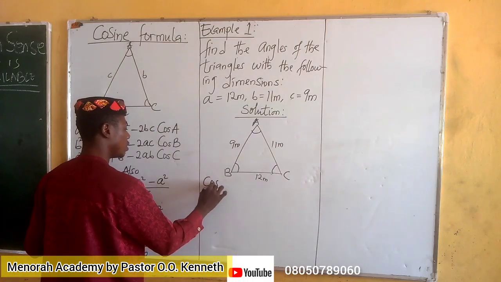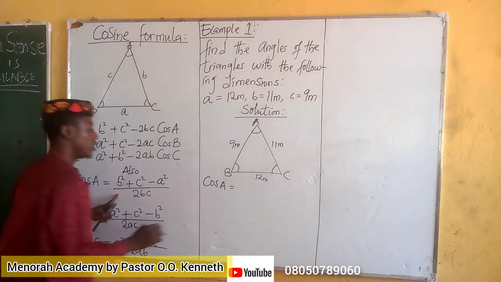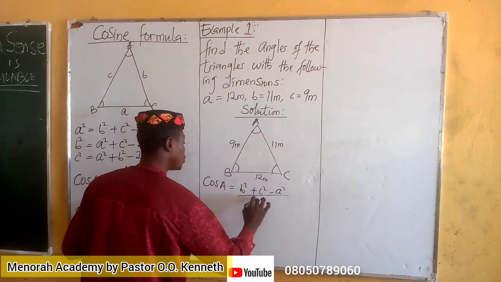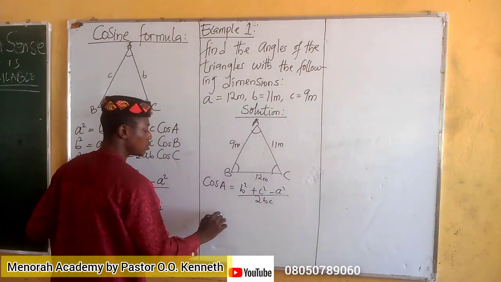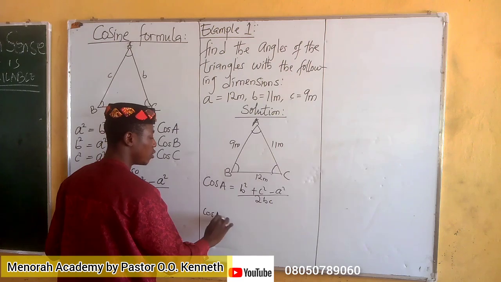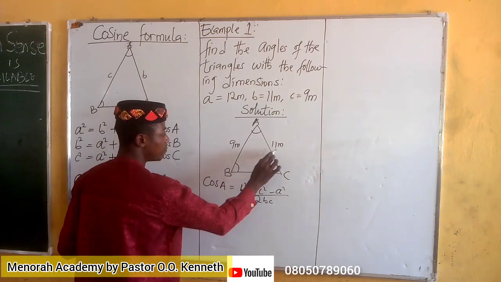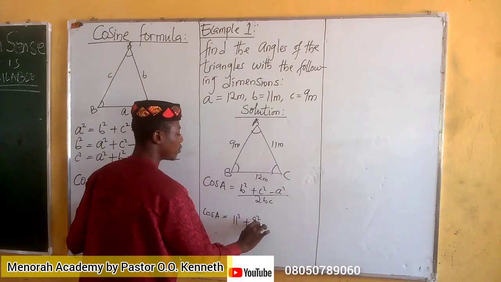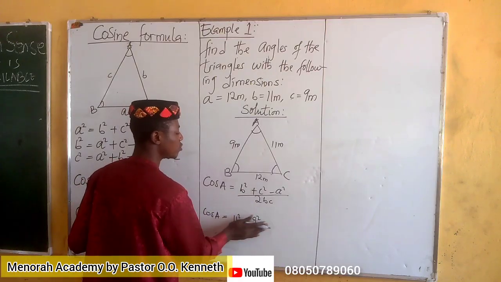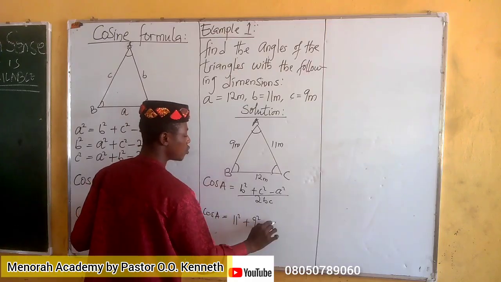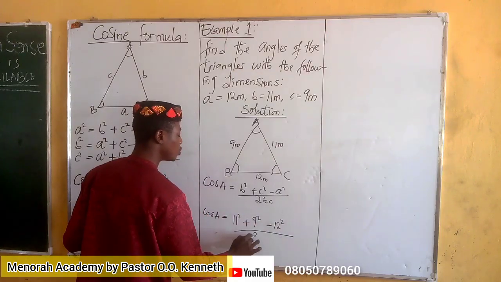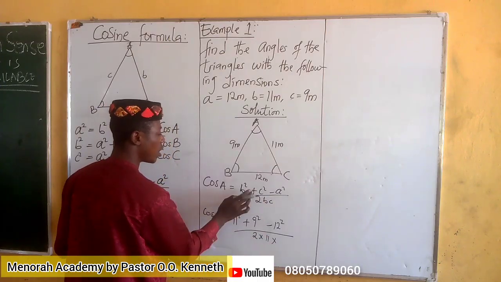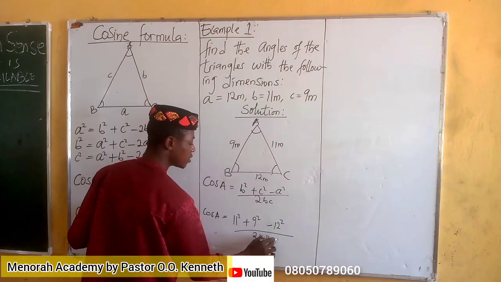We have cos A equals what? It equals b squared plus c squared minus a squared all over 2bc. So cos A will be equal to b, which is 11 squared, plus c, which is 9 squared, minus a, which is 12 squared, all over 2 times b, which is given as 11, times c, which is given as 9.